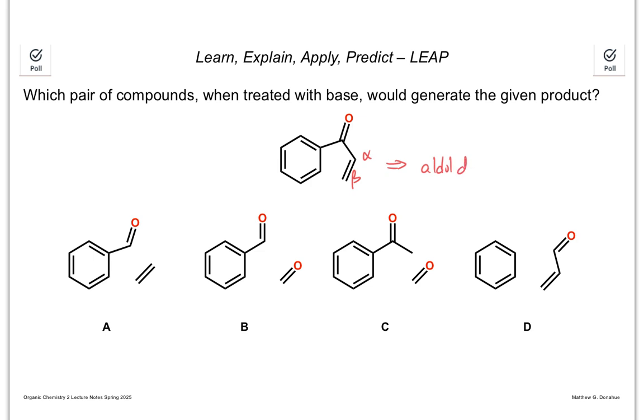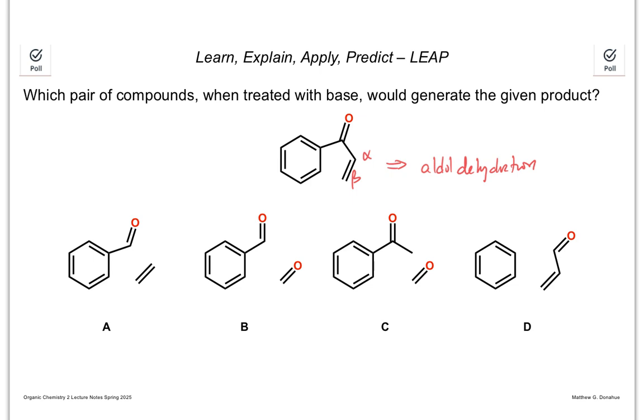So an aldol dehydration. So the aldol product is a beta hydroxycarbonyl. When it dehydrates, it loses water.